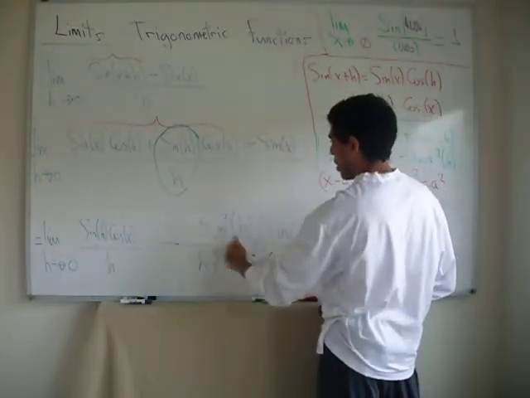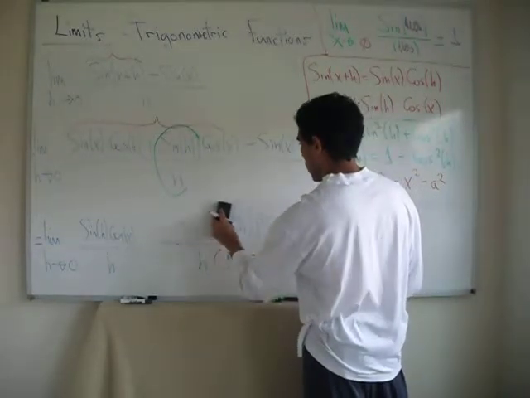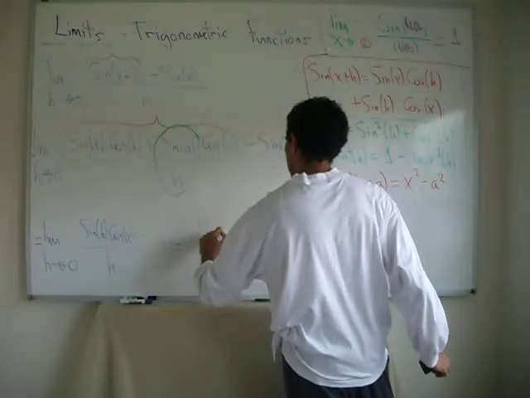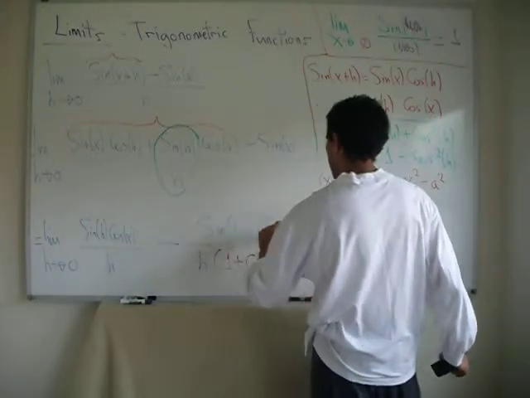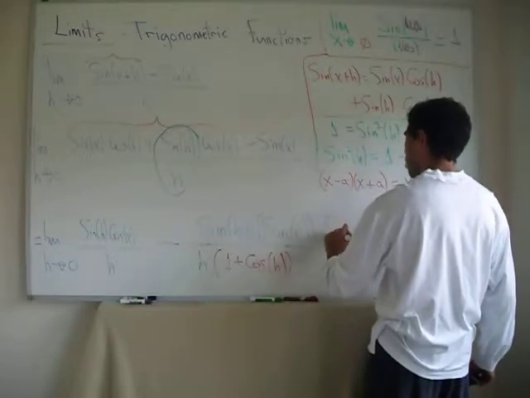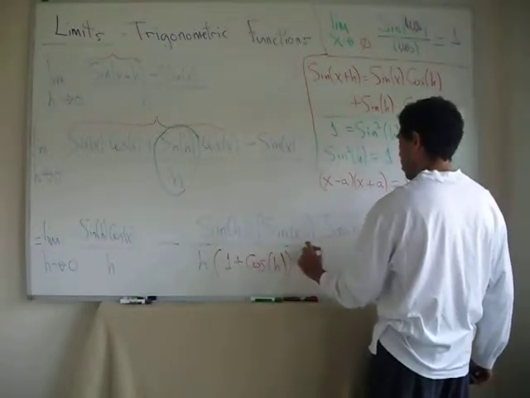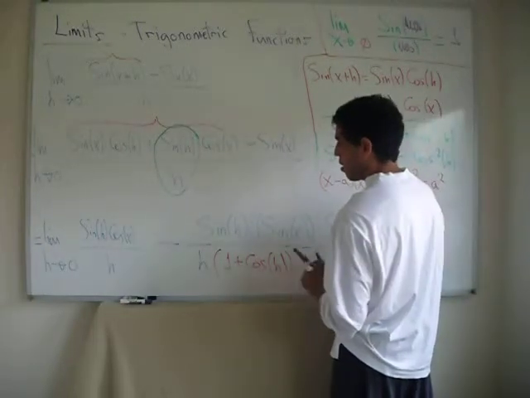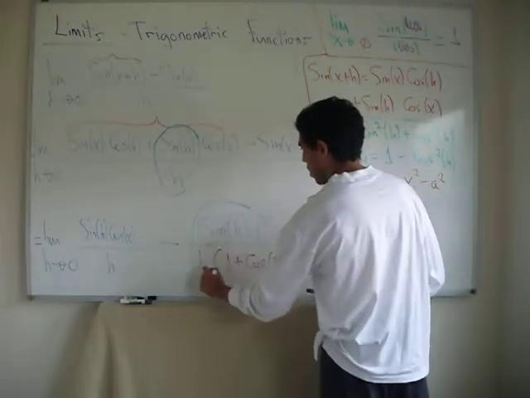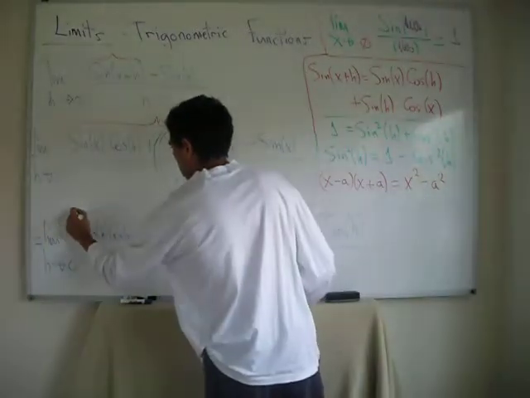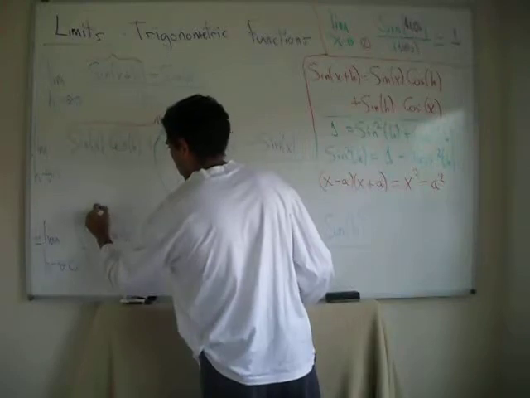Because I can rewrite sin square of h as sin of h times sin of h. I'm just breaking it into two pieces. And here we have the notable limit. This is equal to 1, and this is equal to 1.